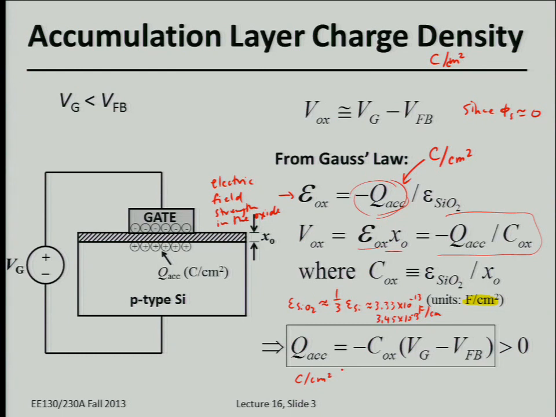I'm just going to start a plot here of the charge per unit area in the silicon as a function of gate voltage. So let's see, flat band voltage. Is the flat band voltage here positive or negative? Does anybody remember?